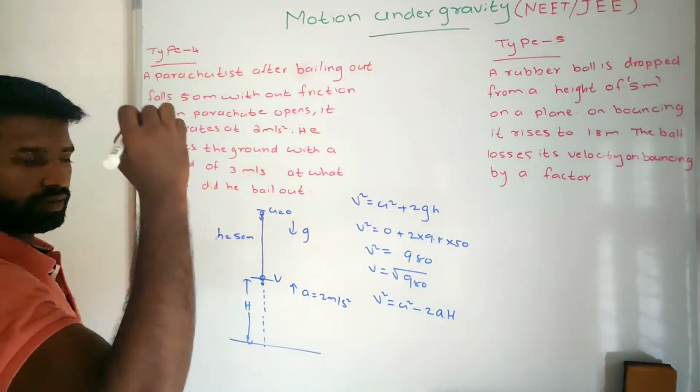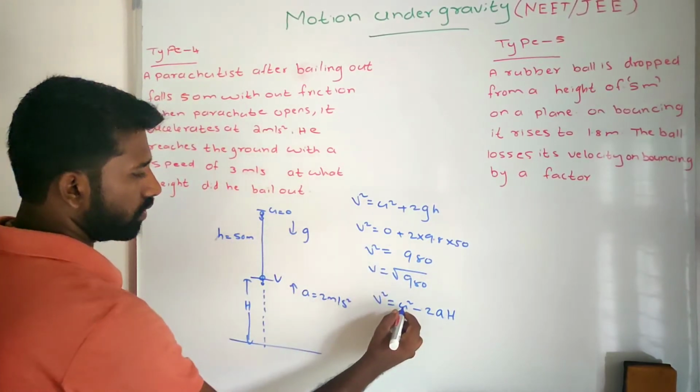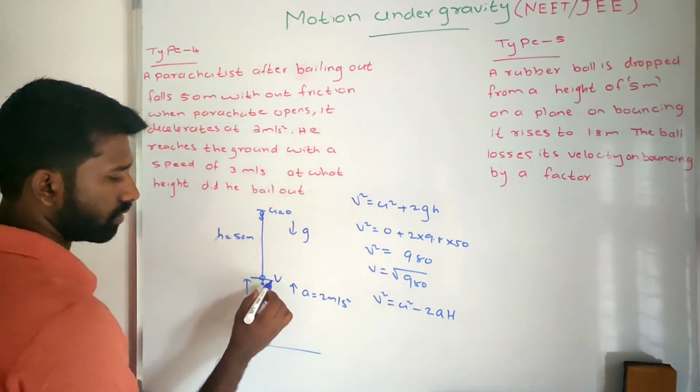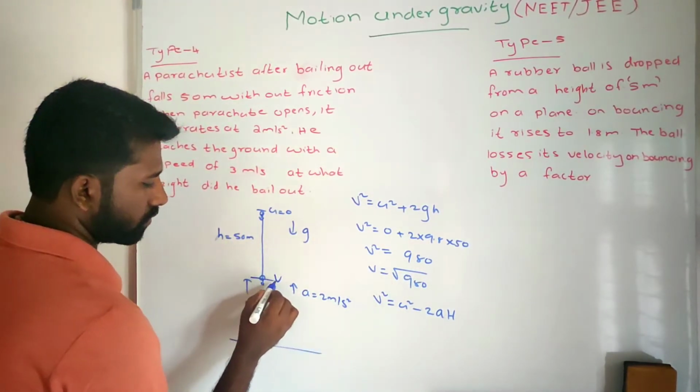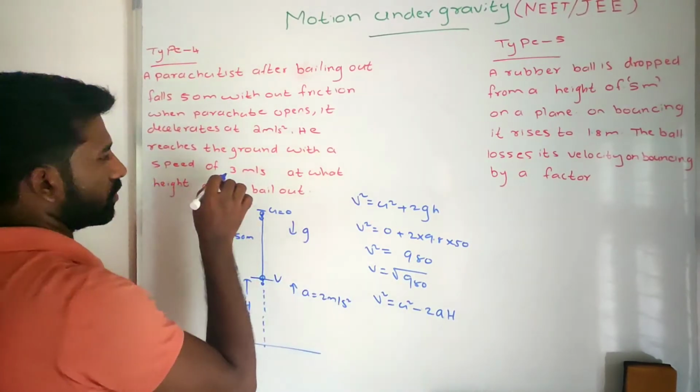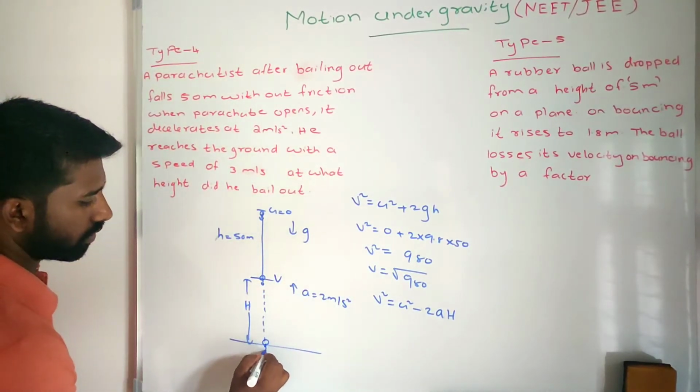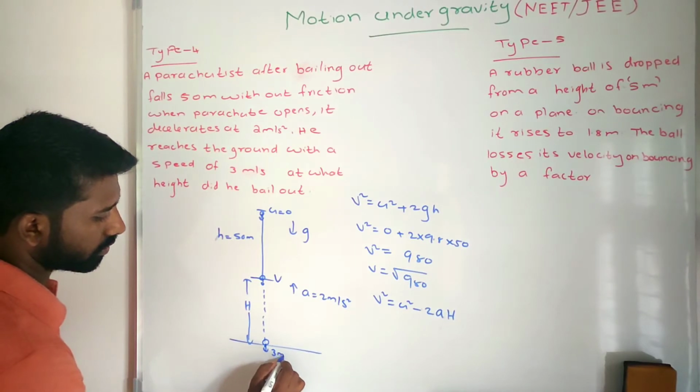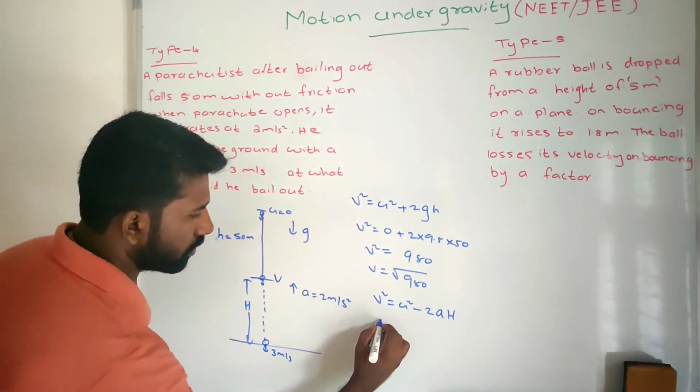Clear? So u is the initial velocity, that is v, and the final velocity is 3 meter per second, as it strikes the ground. So we can substitute here.